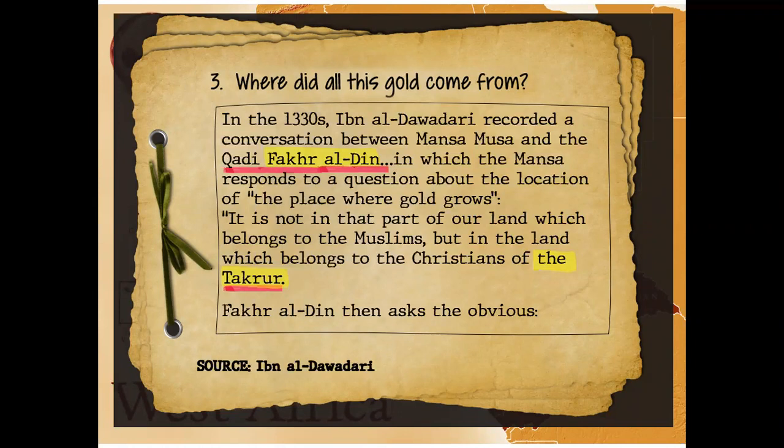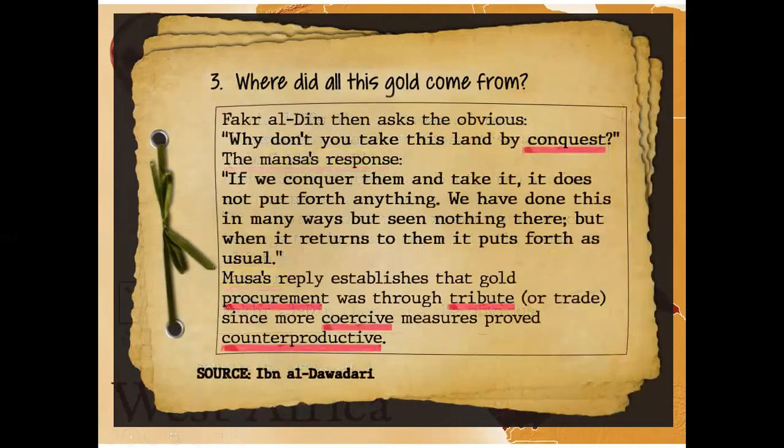And the Musa answers that it comes not from the land they control, but the land that the Christians control. So Fakhr al-Din asks what might be an obvious question, says, you're very powerful. Why would you not just go and take it, right? Why don't you take this land by conquest? And the Musa says, whenever we do that, it's counterproductive.